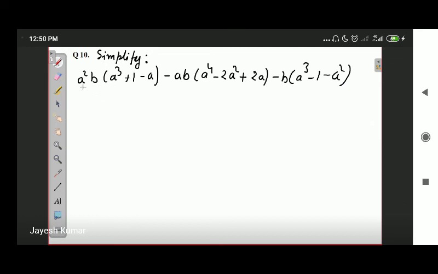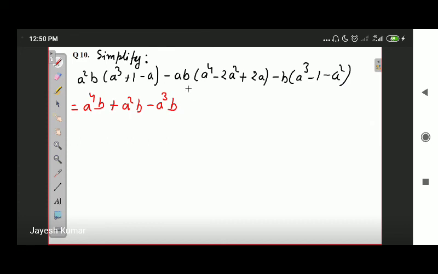So this is a square b into a cube. It will be a to the power 4b. Then a square b into 1, that is a square b, and a square b into minus a, it will be minus a cube b.